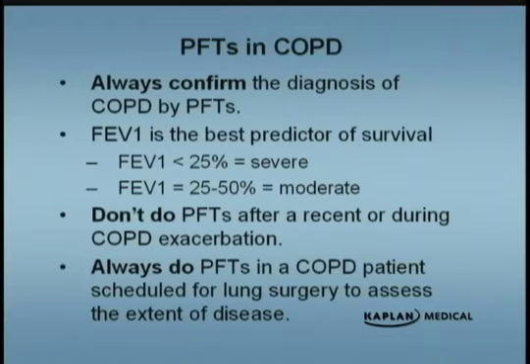But a little bit more that they've asked is, what is the best predictor of survival? How do I know a patient has severe, mild, or moderate disease? How does it correlate with the symptoms? And what's the best way to do this? The answer is by measuring and looking at FEV1, I could tell you how bad this patient's disease is.